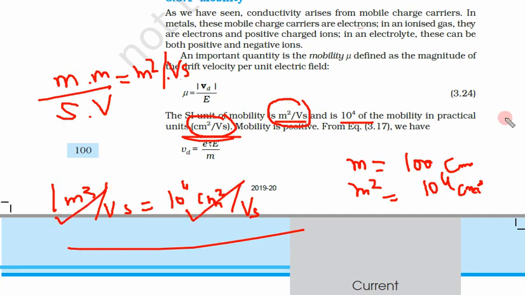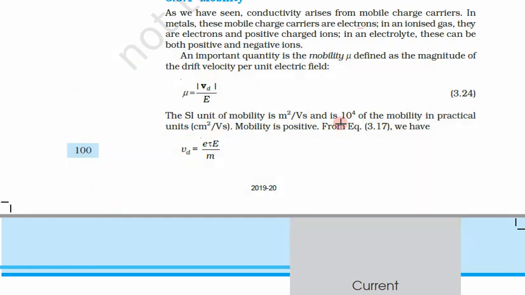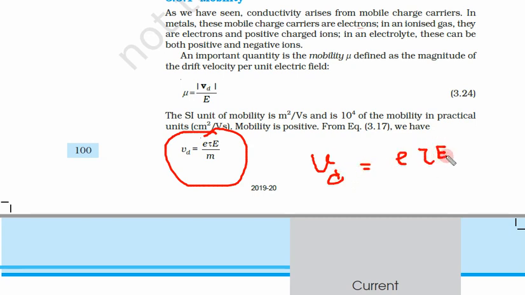This is the SI unit. Please remember the conversion, because most of the time it is given in centimeter square per volt second, but you have to calculate using meter square per volt second. Now from that formula we have just seen that Vd is equal to E tau E by m.